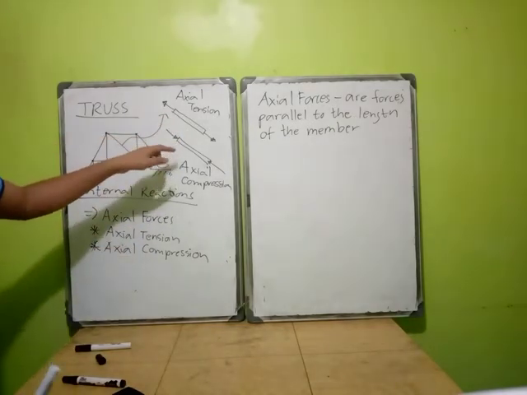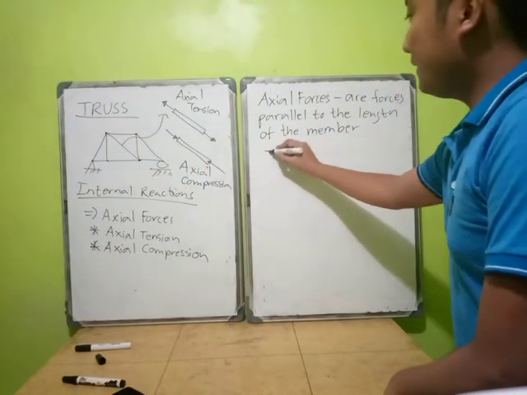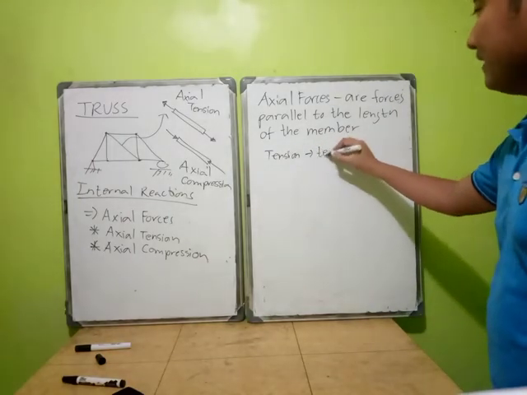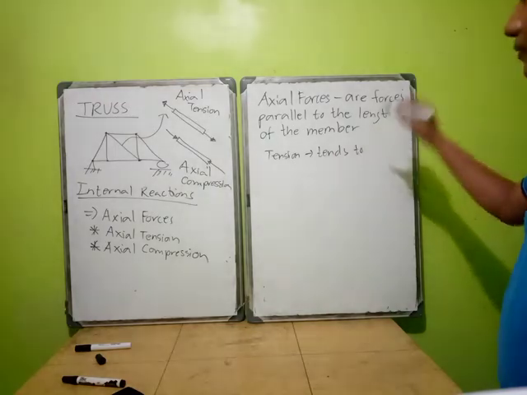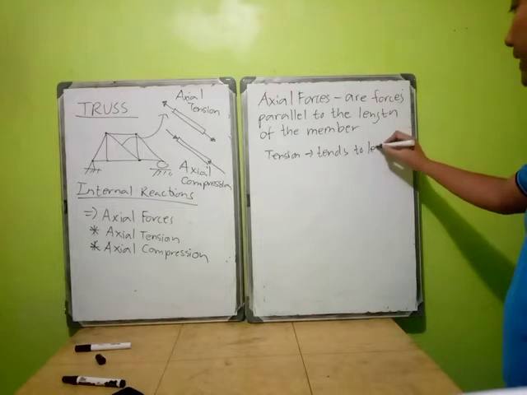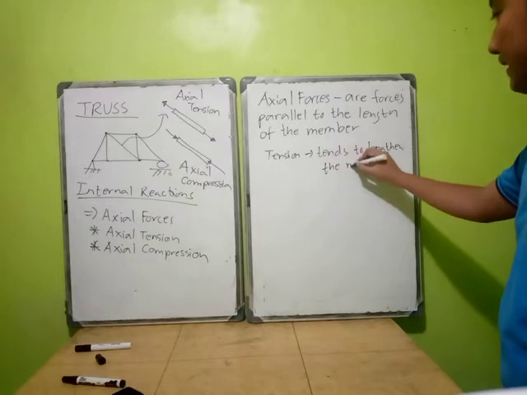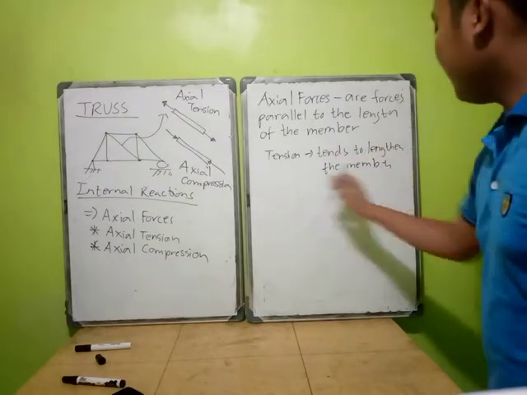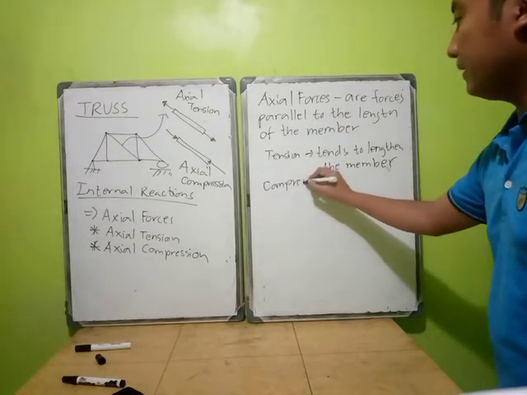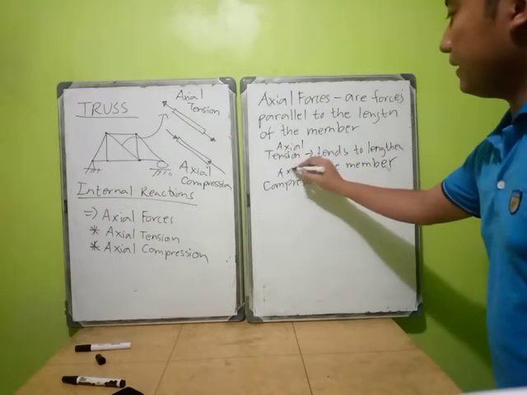Samantalang ang axial compression, it shortens the length. Okay? So, kapag tension, it tends to lengthen the member. And then kapag sinabi nating compression, okay, we are speaking of axial tension and axial compression.